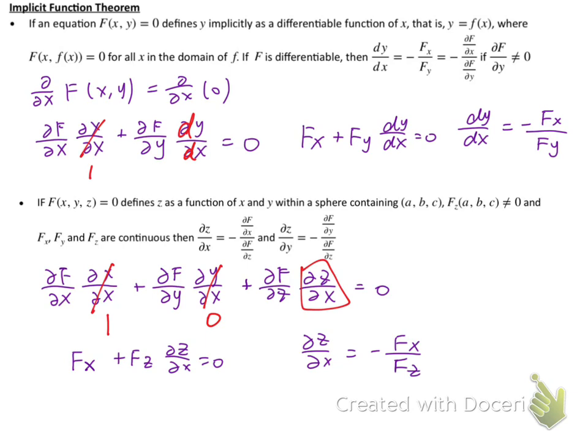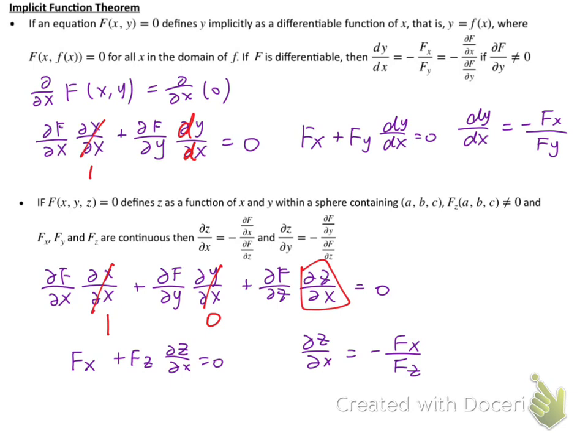Again, if you notice the same thing, they are backward with a negative sign. Remember that you need the equation to be F equals 0. And then you take derivative with respect to the variable that you're looking at.